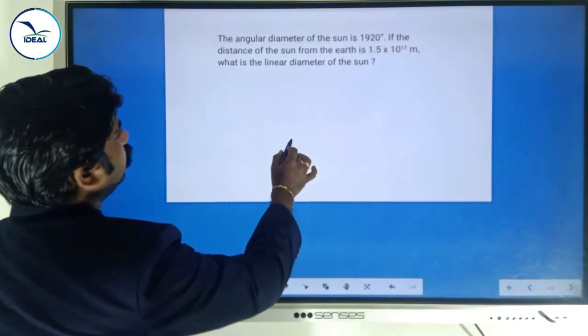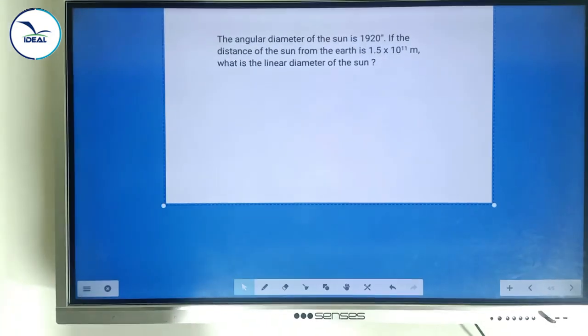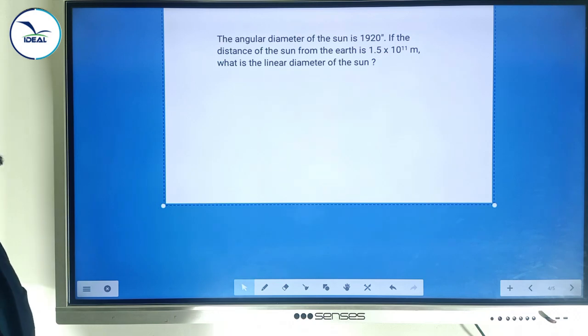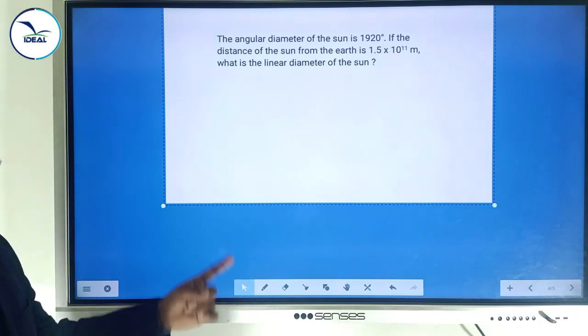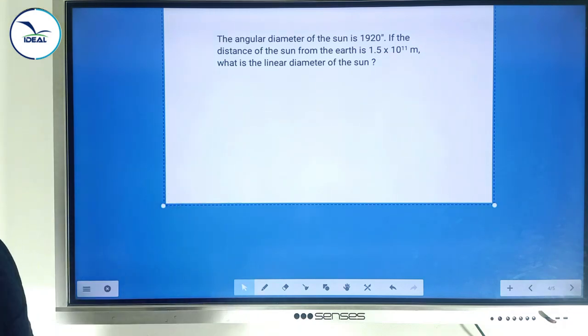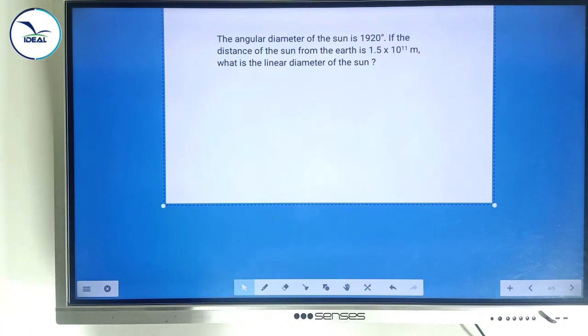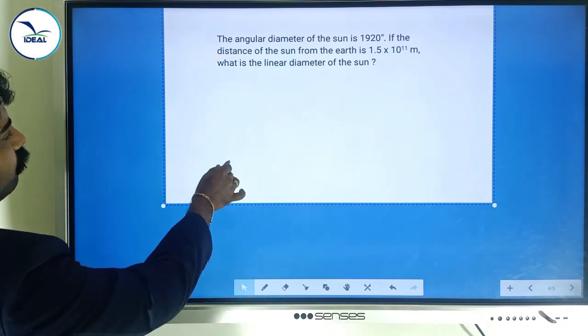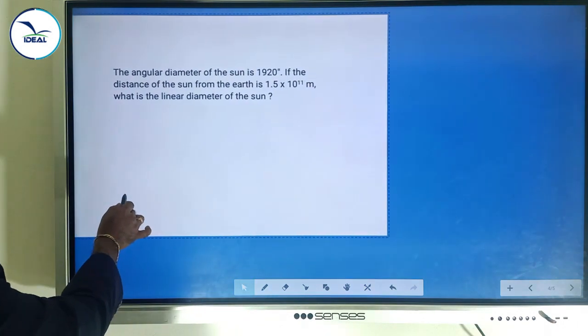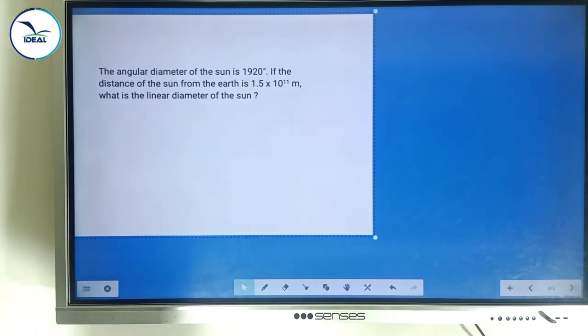Our next question: the angular diameter of the sun is 1920 seconds. If the distance of the sun from the earth is 1.5 into 10 raised to 11 meter, what is the linear diameter of the sun? We want to find out the linear diameter of the sun.